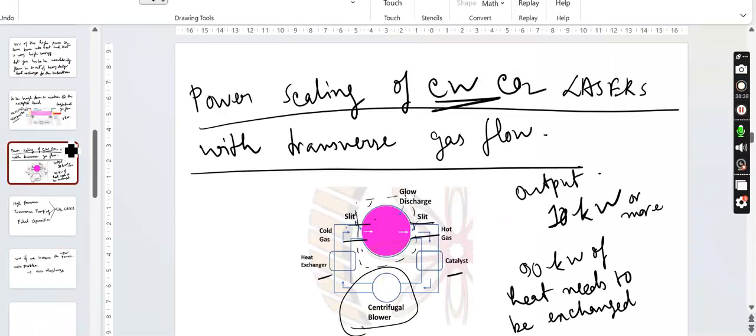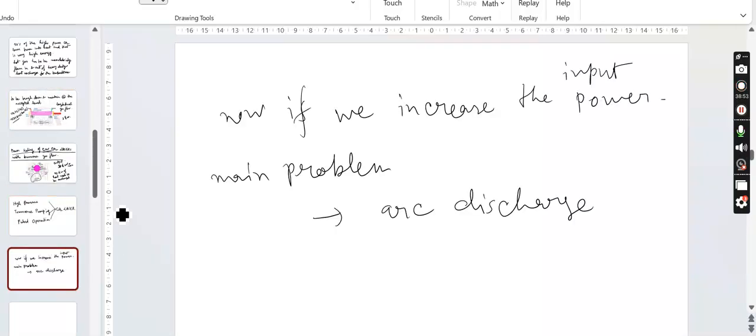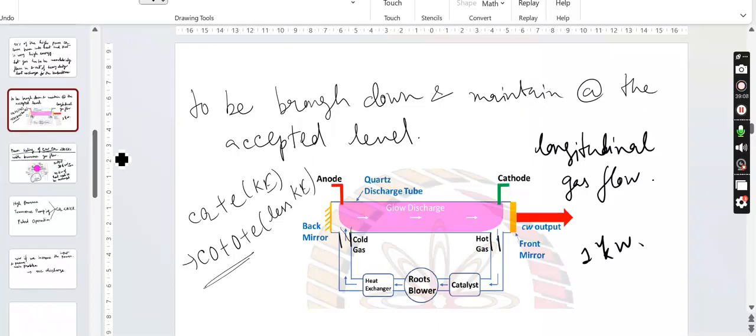Until now, these all are glow discharge, so they are symmetrical. But if we just increase the input power and pressure, then arc discharge takes effect. So in the glow discharge, we have seen this is the glow discharge.